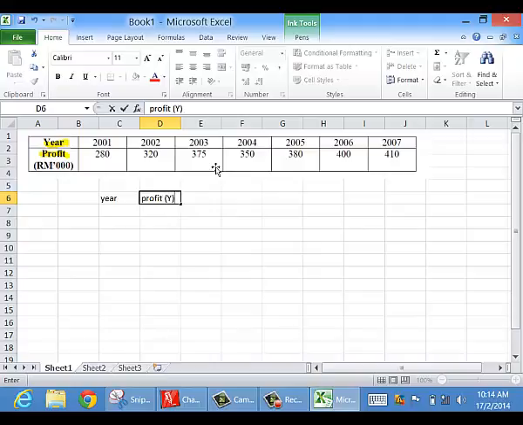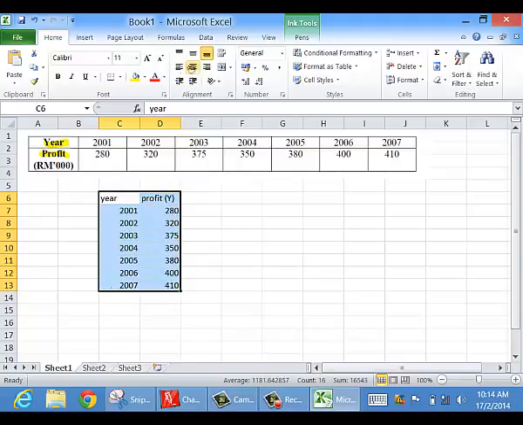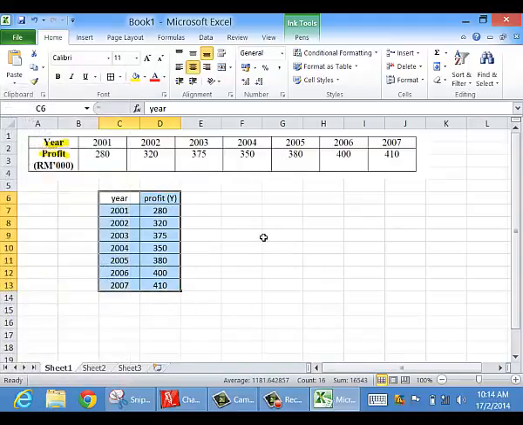This is Y, so year 2001, 2002, and your profit should be 280, 320, 375, 350, 380, 400 and 401. This is a long format. For time series analysis, if the data is given in wide format, you need to convert it to long format.